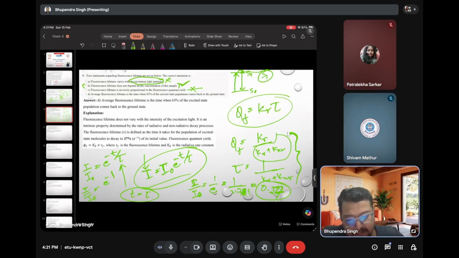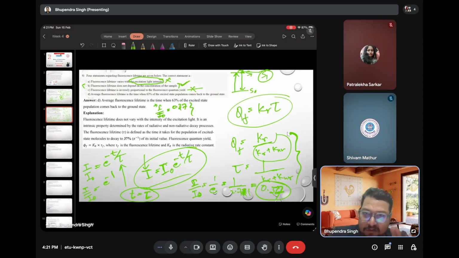So now you can figure it out. It is I by I0 equal to 0.37. The ratio of intensity at time t, where t becomes your lifetime, I equal to I0, which means the intensity of your excited state population is now only 37% left, which means 63% has decayed.